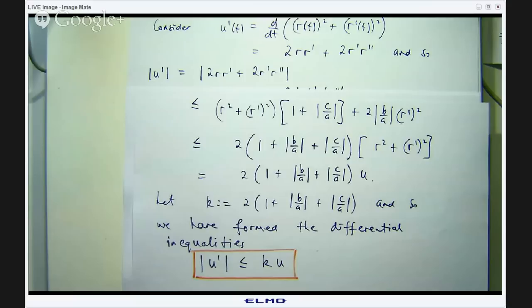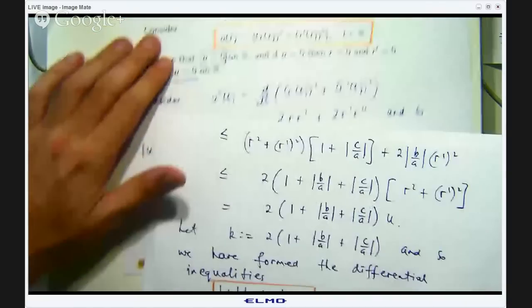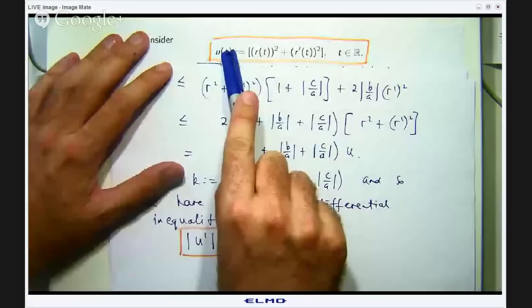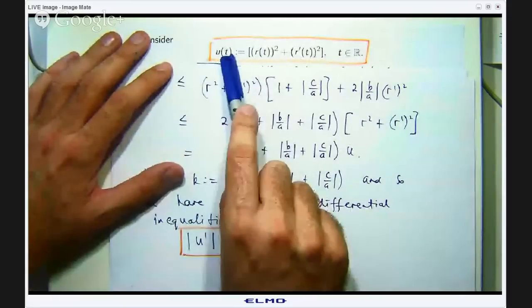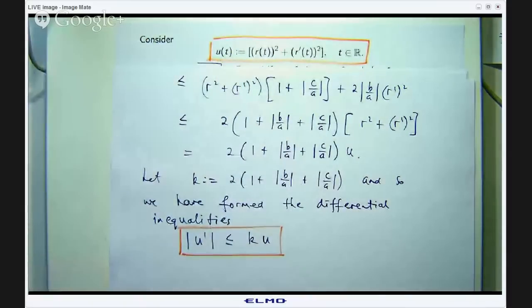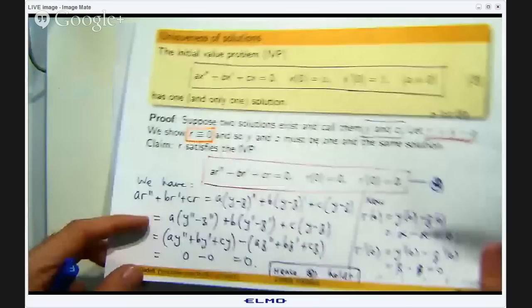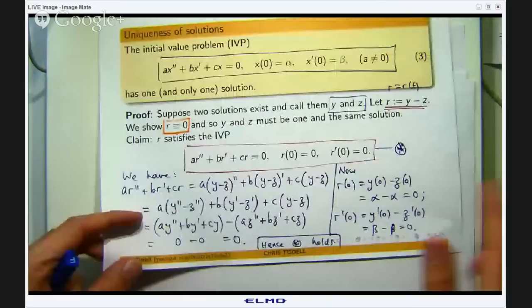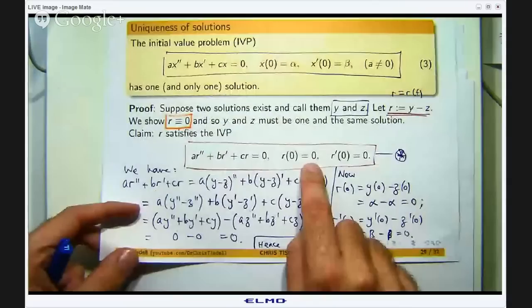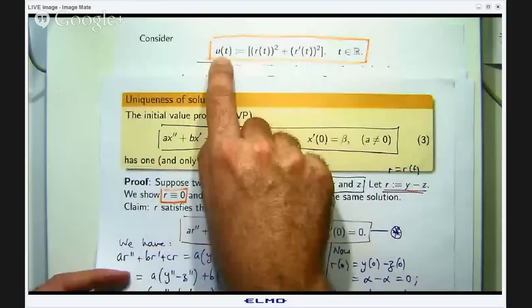Okay, so you may be looking at this and going, well, so what? This is very important. This will allow us to do stuff. Now, based on our definition of U, what initial condition do we have associated with this problem? Well, R and R dash satisfy this and this. So what would U of 0 be? It would be 0 squared plus 0 squared, which is 0.